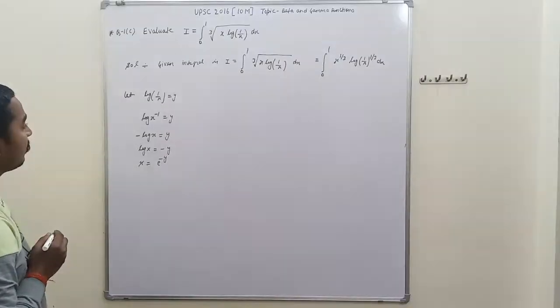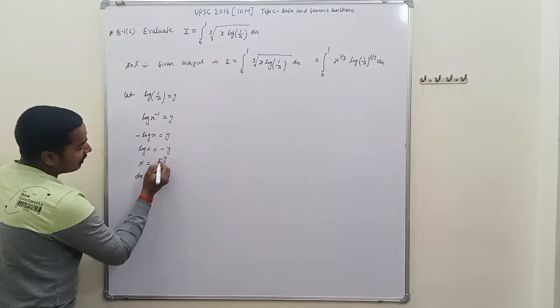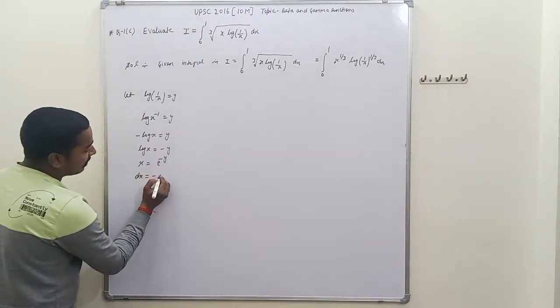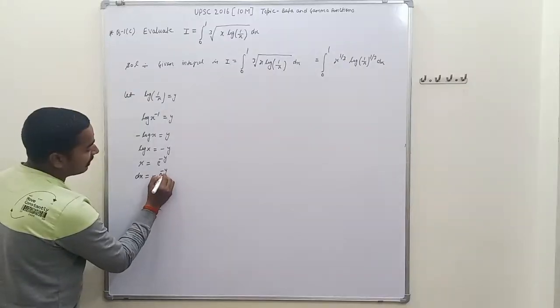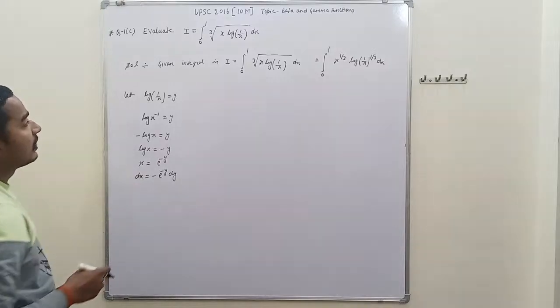Now we find dx by differentiating e to the power minus y, that is minus e to the power minus y dy.